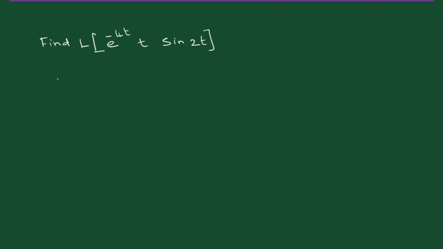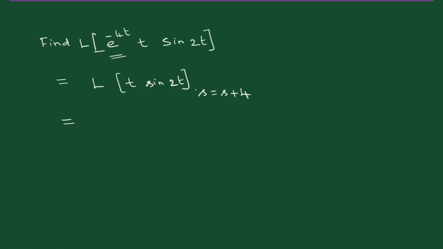So here this is equal to, first let us apply first shifting property so that we can write L of t into sin 2t, where s should be replaced as s plus 4. This is what first shifting property.